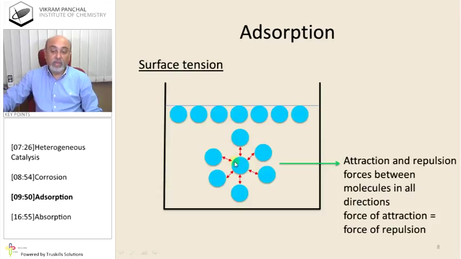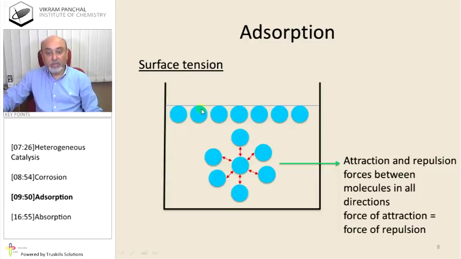There is always attraction and repulsion forces among them. These forces are called intermolecular forces, and this molecule experiences forces from all directions. Therefore, the forces of attraction and repulsion experienced by this center molecule will be the same, so this molecule will not be attracted or repelled towards any one direction.